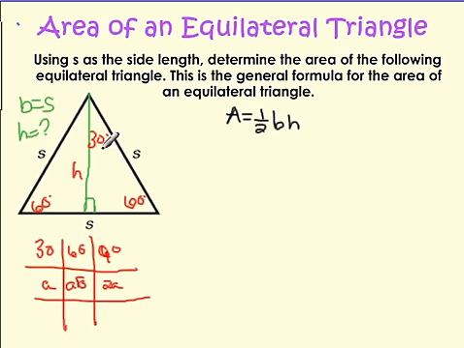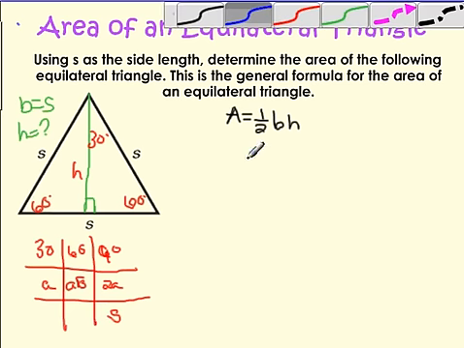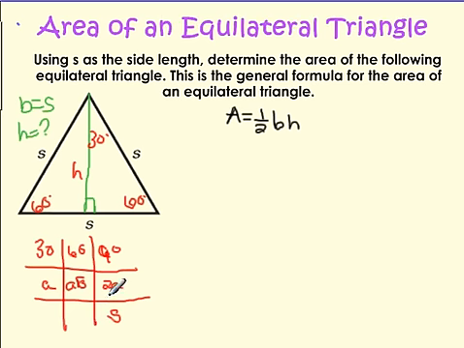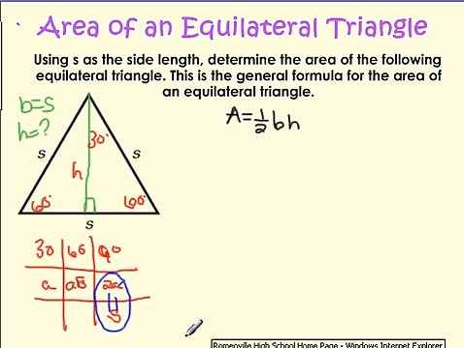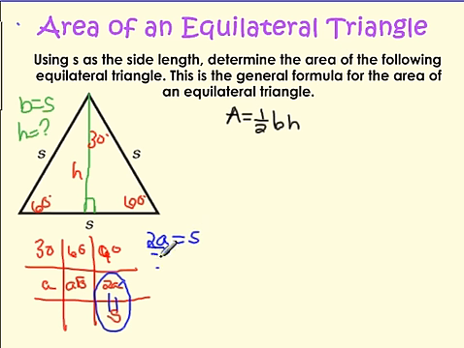The only measure we really know is our side length, which we'll call S. This might seem a little bit funny since we're working with all variables, but as long as you think back to what we did with our values, you should be able to come up with the height in terms of S. Before, we would set whatever value we had equal to the relationship, so we can say that 2A is equal to S and solve for A. We'll find that A is equal to S over 2, which means that anywhere we see A in our chart, we can substitute in S over 2.